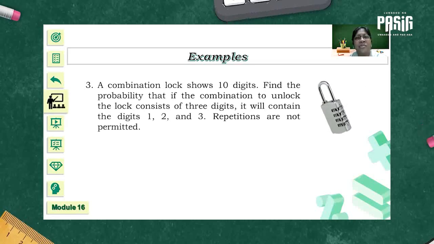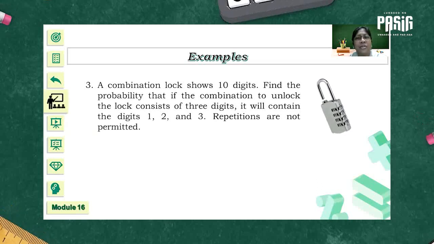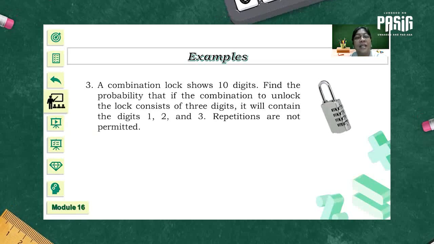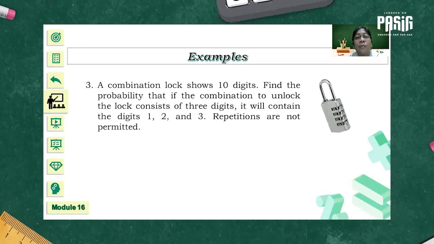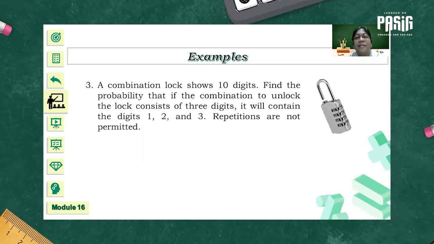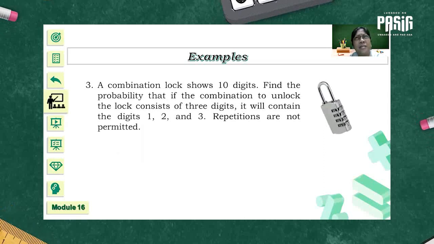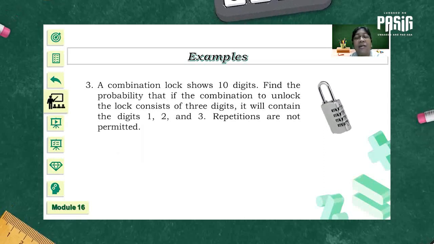A combination lock shows 10 digits. Find the probability that if the combination to unlock the lock consists of 3 digits, it will contain the digits 1, 2, and 3. Repetitions are not permitted. So since repetitions are not permitted, again, we'll have a choice between is it a permutation or a combination.